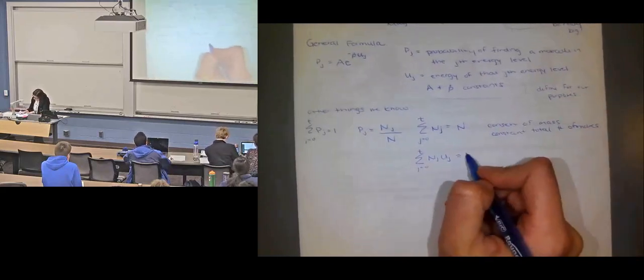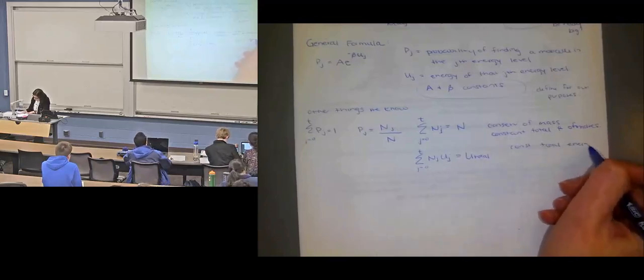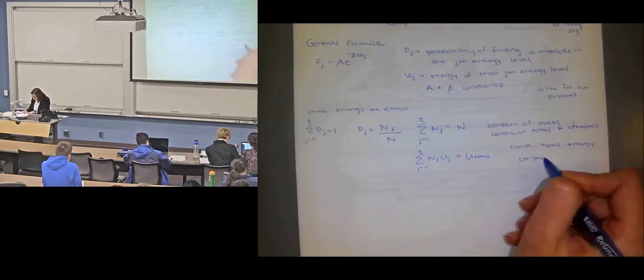So the number of molecules in a given level times the energy of that level, if I sum that up over all the energy levels I have, this will be equal to U total, constant total energy, conservation of energy, or first law.